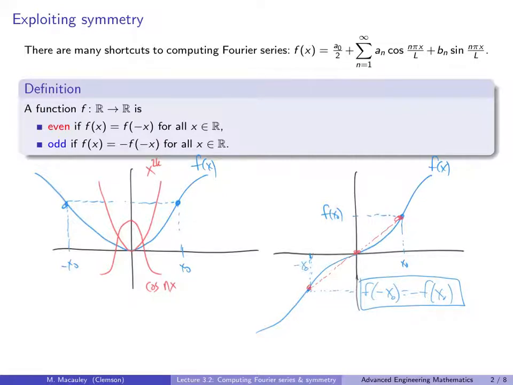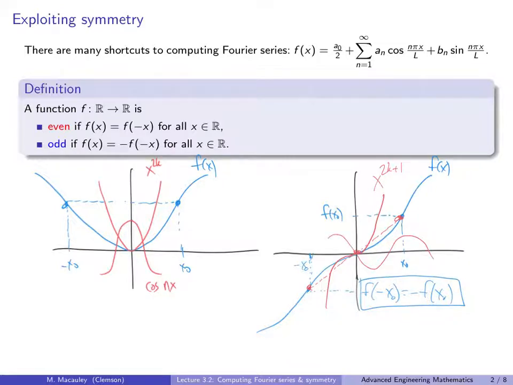And that holds for every point on the graph. Examples of odd functions include things like x cubed, or x to the fifth, or x to the 2k plus 1, or things like sine of x.